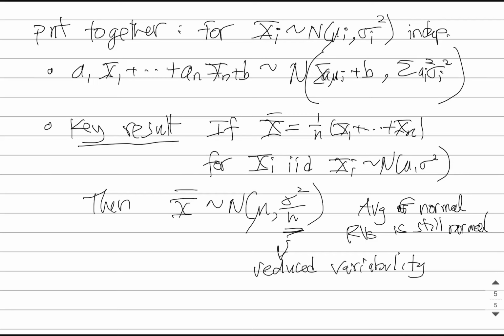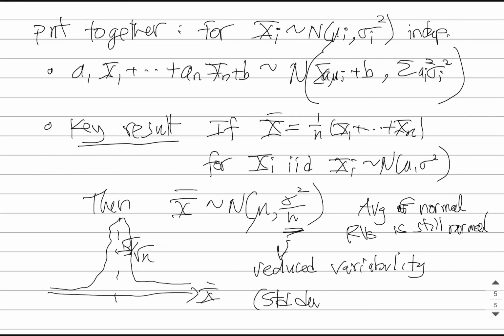And that's really important because the reduction of variability means that we are more certain when we talk about probabilities. The spread here is less than it would be in a normal situation. So the standard deviation would be sigma over root n. And that becomes very useful.